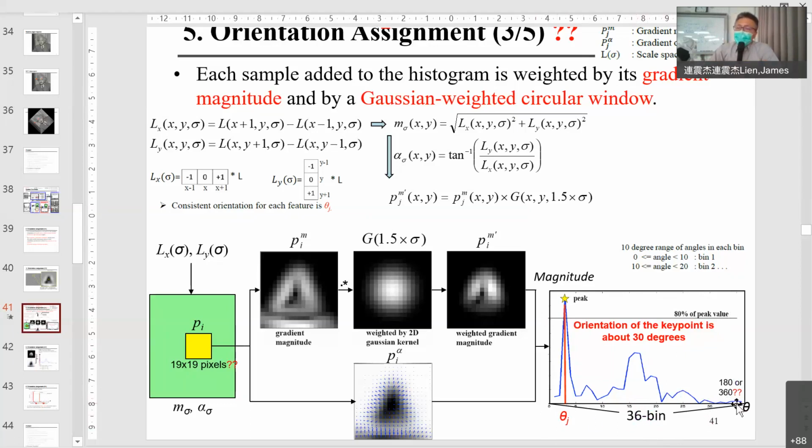How many bins you select is your experience. If you have too many bins, your distribution will have many zeros. That's not good. A smoother distribution is better.